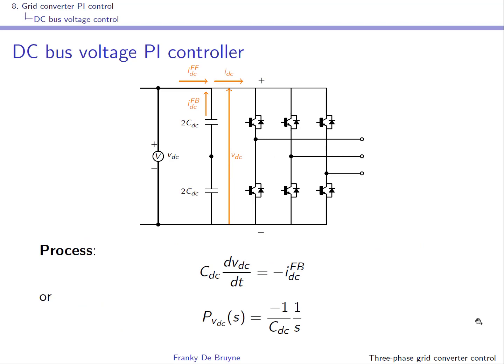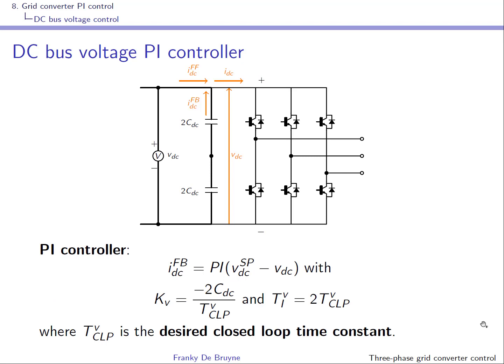Let us now look at the feedback part. It's quite easy. The process can be described by this equation over here, and we have a minus sign over here because the current is in this direction, right? So the process is an integrating process where this is the gain of the process.